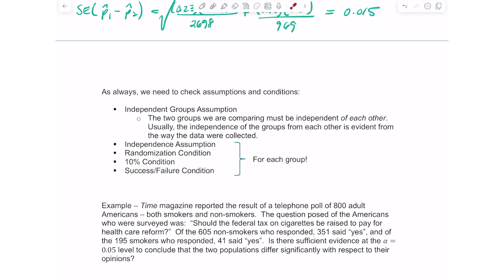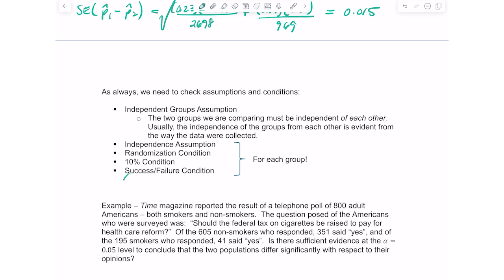Remember in the past, you always wanted n times p to be greater than or equal to 10, and n times q to be greater than or equal to 10. Here we're going to have to do n1 times p hat 1 and n1 times q hat 1, making sure they're greater than or equal to 10.